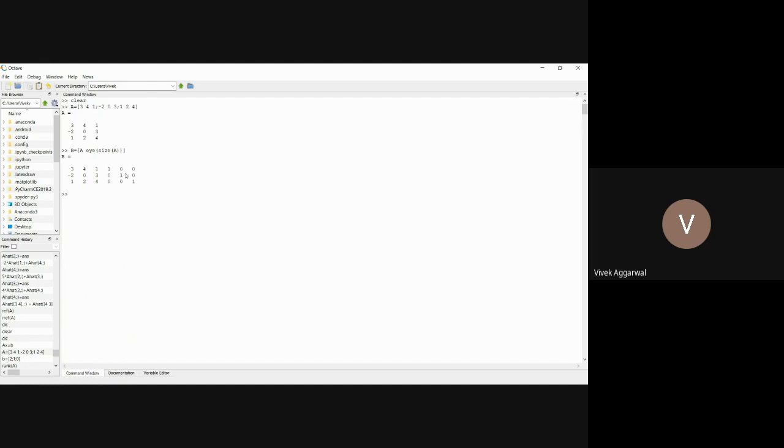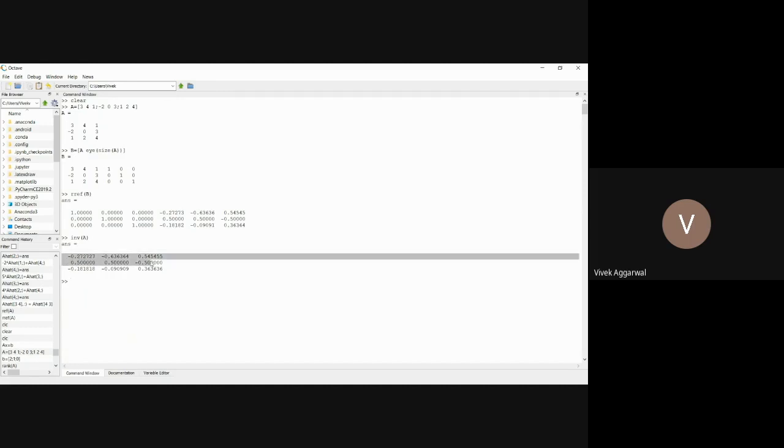So I will write the row reduced echelon form of this B. You can see from here the first three columns become the identity matrix, and the last part, the identity matrix, became the inverse. And you can also verify this by taking the inverse of the matrix A. The inverse of the matrix A is this one, and this is the same as this matrix.